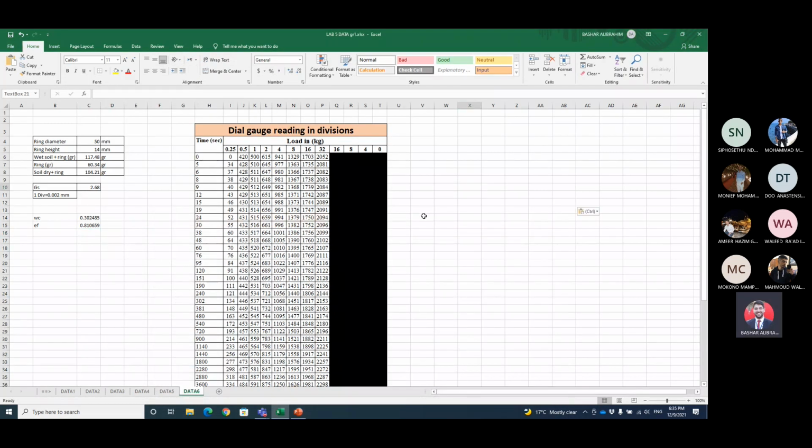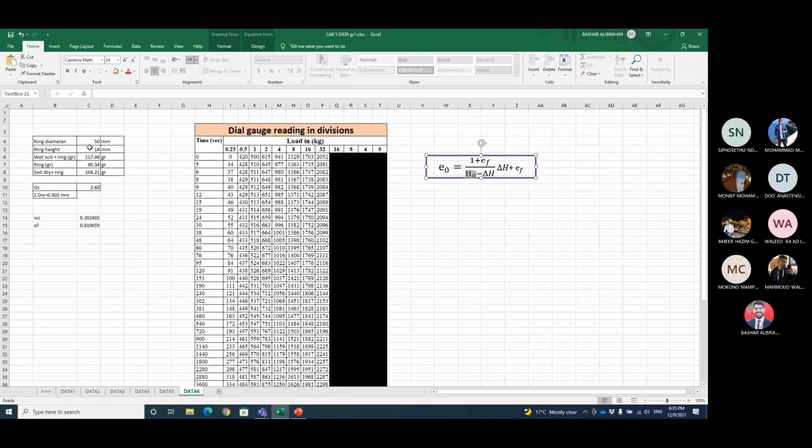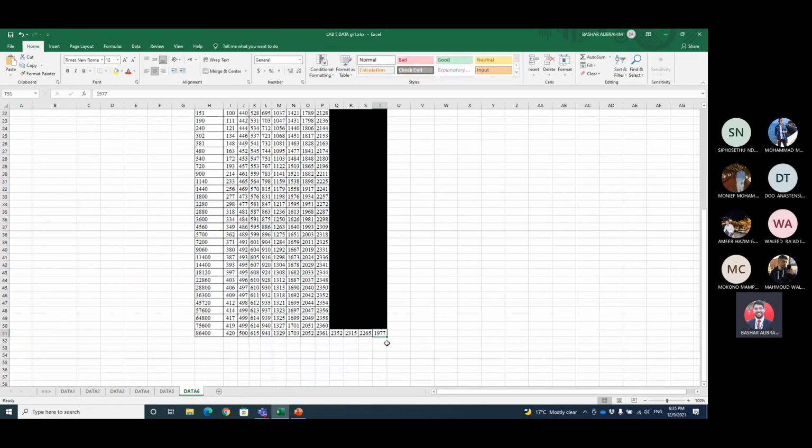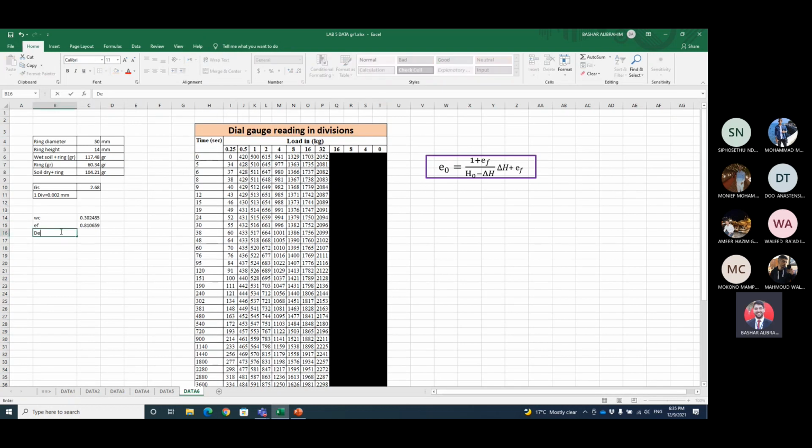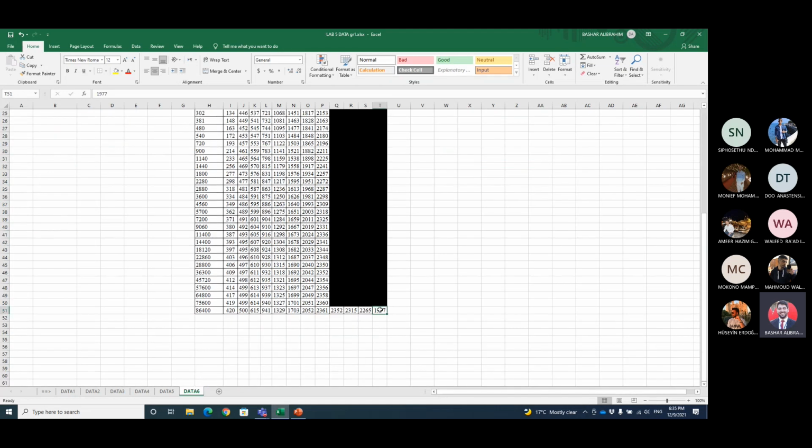So let us check what this formula needs. It needs the initial height of the sample, we have it, which is this one. It needs the final change in height, which is the last reading. Okay, so delta H is the final reading in the table.